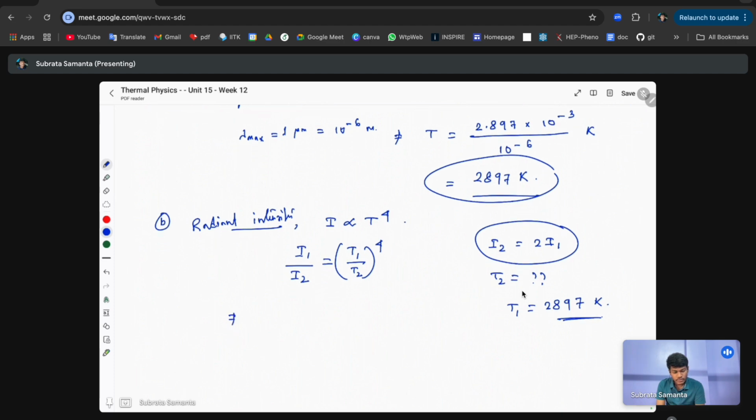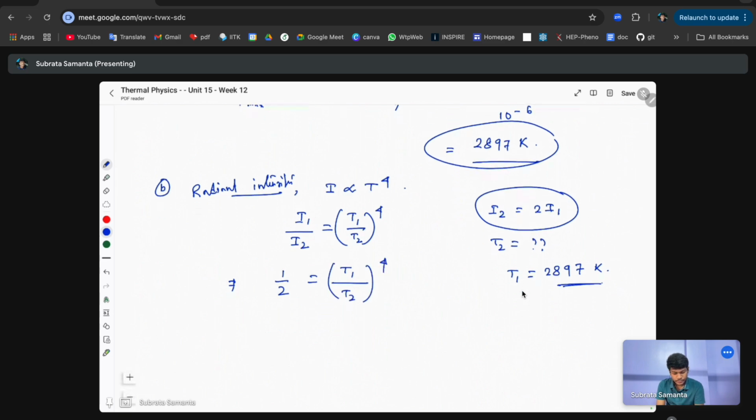So put this value here. Your I2 is 2 I1, so 1 over 2 equals (T1 over T2) to the power 4, right? So T2 is basically T1 times 2 to the power 1 over 4, right?